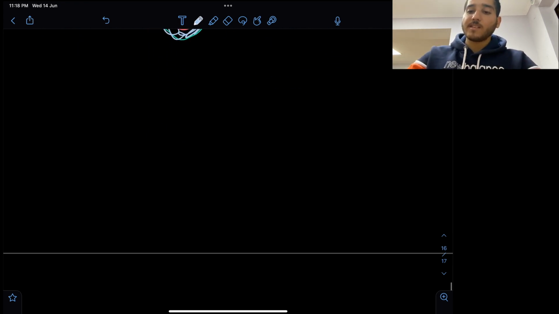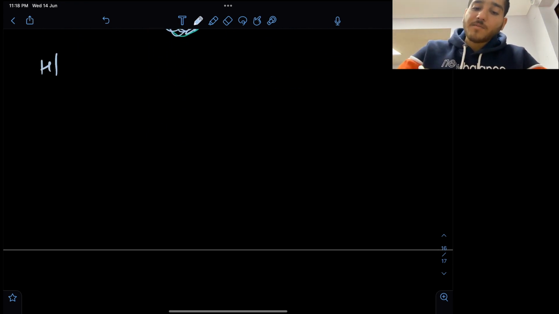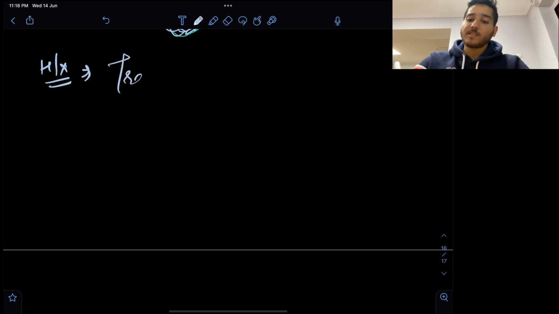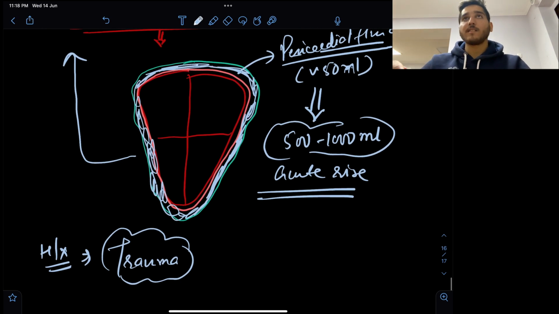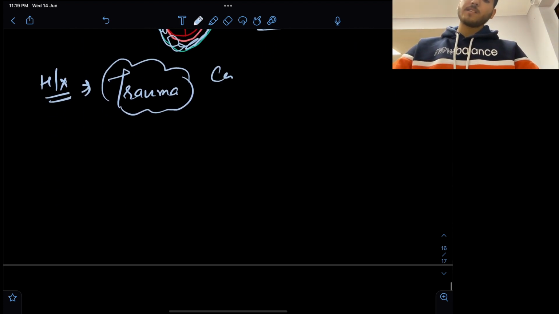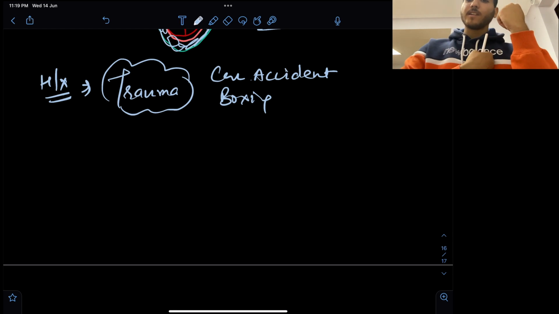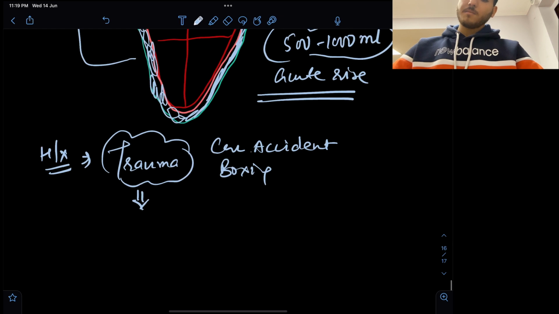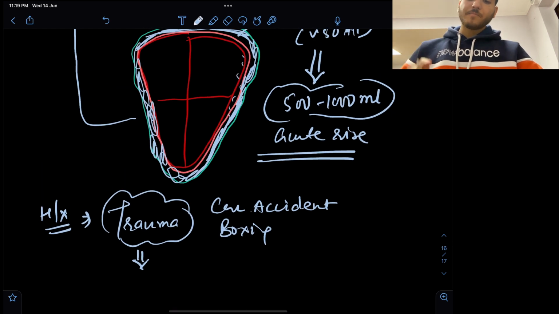Okay. See. So for a question of cardiac tamponade, they'll start with a patient of trauma. There might be some bleeding inside the pericardial cavity, and all the blood will accumulate suddenly inside the pericardium, right? So there will be some history of trauma like a car accident or some boxing going on and a direct hit on the heart area, right? So there can be damage to small pericardial vessels. Okay.